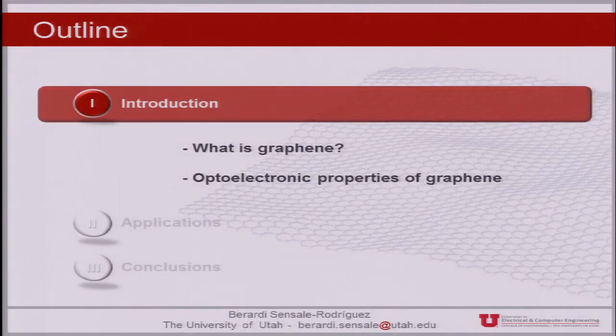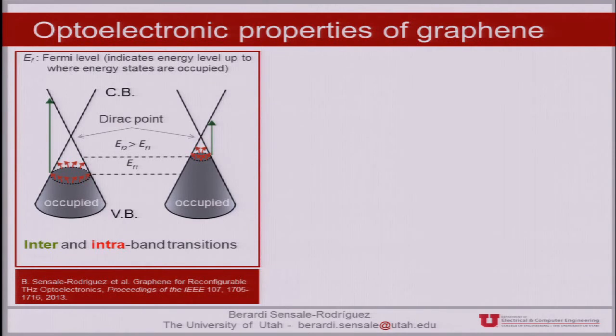So let's look a little bit at its optoelectronic properties. Here I am showing the band diagram of graphene under two bias conditions, represented by different Fermi levels. The Fermi level tells us basically the energy up to where electronic levels are filled. So these shaded regions represent occupied electronic states.